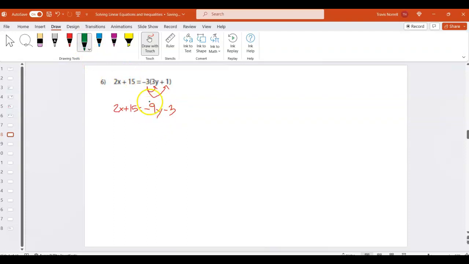Now, if I want to solve for y, there's being multiplied and being subtracted. So if I look at PEMDAS, the opposite of subtracting is addition. So the opposite of subtracting 3 would be adding 3.